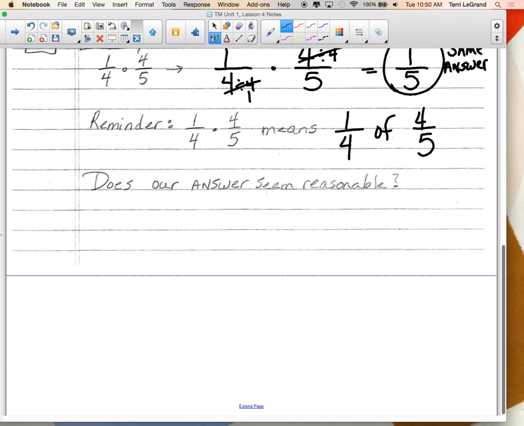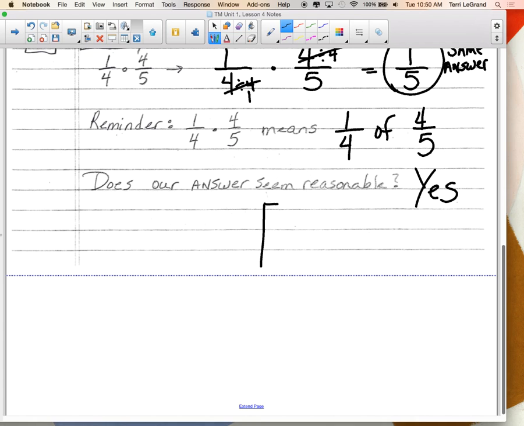Is 1/4 a pretty small part? Yeah. And is 4/5 less than a whole? It's a pretty big part of a whole, but it didn't quite make it to a whole. So a small part of a not quite a whole should be an even smaller part, 1/5. Does that make sense? So we're going to say yes, it does seem reasonable.